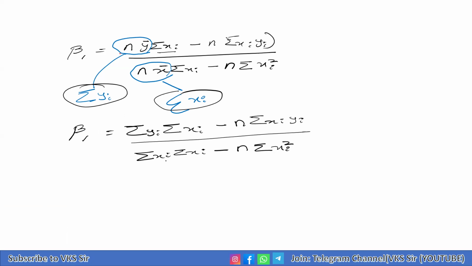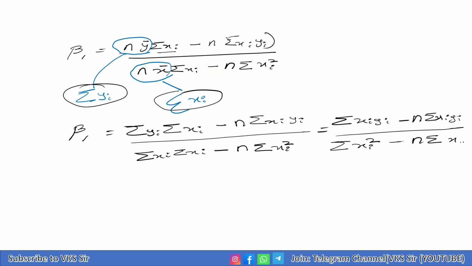Now let's rearrange these things. How should I rearrange? See, xi and yi are there. Sum of xi yi negative, divided by sum of xi square negative n sum of xi square. So let's rearrange this one.